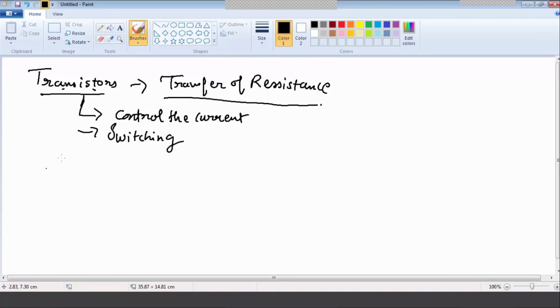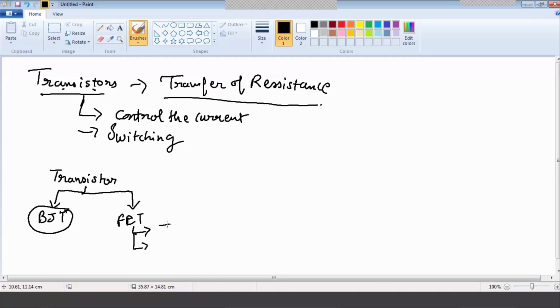So here are two categories. One is BJT, another is FET, right? So basically, in this experiment, we will talk more about BJTs, right? So FETs, again, we have different types of FETs.